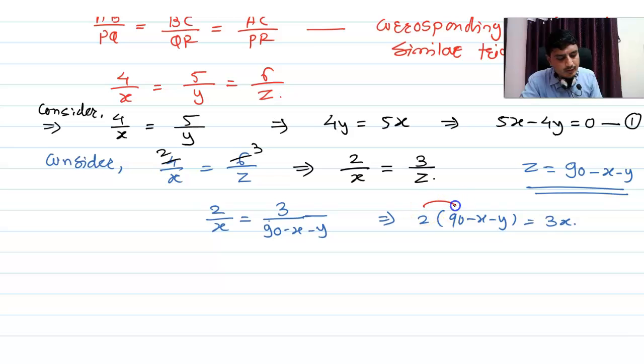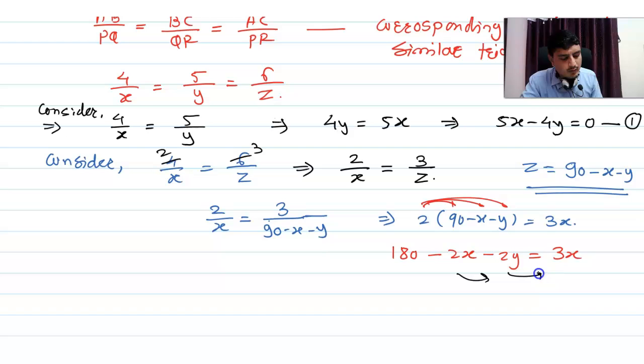Now distribute this 2 over the bracket: we get 2 times 90 is 180, 2 times x is 2x, plus times minus becomes minus 2x, again minus 2 times y is minus 2y, and that equals 3x.